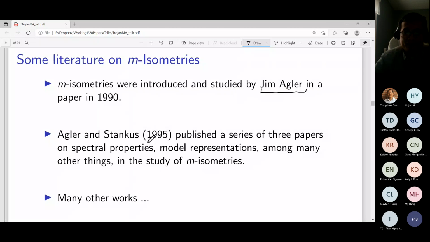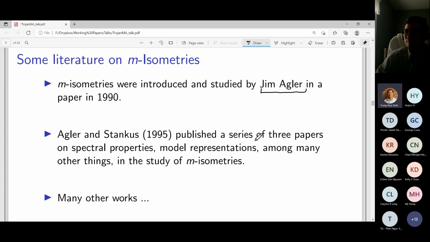And in 1995, Agler and his student, Stankus, published a series of 3 papers on spectral properties, representations, and many other things on m-isometries. The series of 3 papers is quite thick.